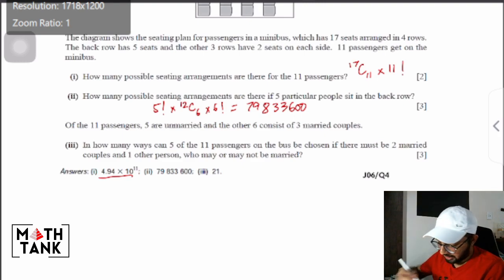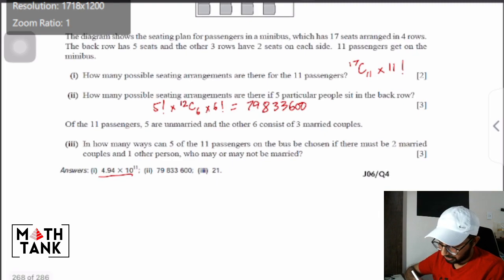You need to be able to figure that out. If there must be 2 married couples and one other person who may or may not be married, so what I can say is that if I need to choose only 5 passengers and I need to choose 2 married couples, okay, so I go back and look at the division that I have. There are 3 married couples, so I need 2 of the married couples. So I go like 3C2.